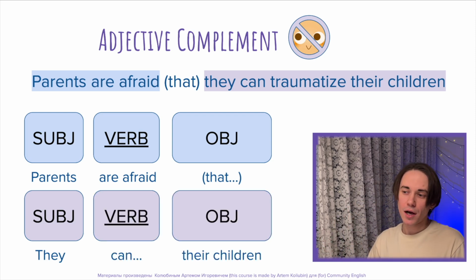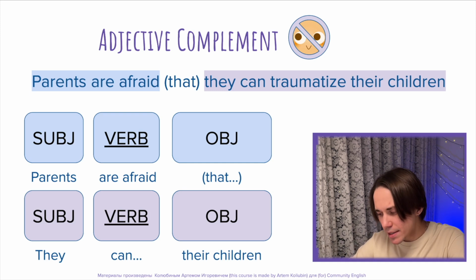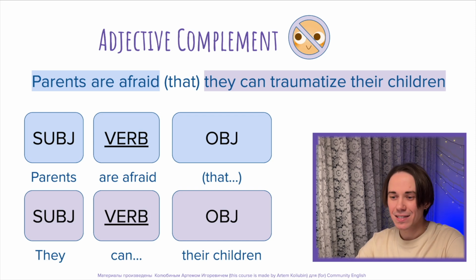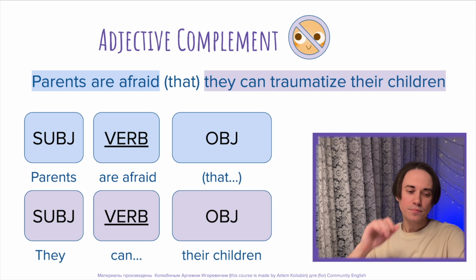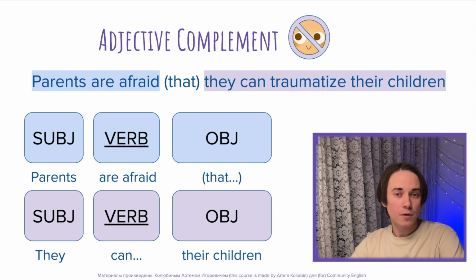But here, unlike noun complements, let's say, or subject complement that we had before, you can skip that. And it's quite a common situation. You can easily say parents are afraid they can traumatize their children. Or, for example, I am happy you got a new car, as well as I'm happy that you got a new car.